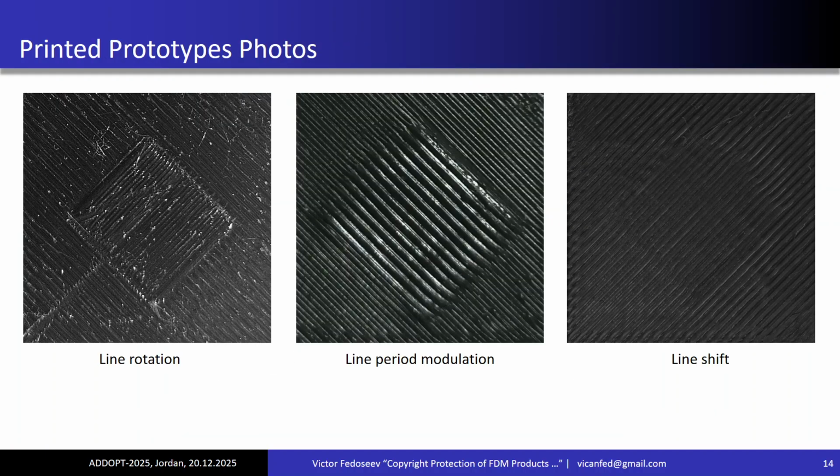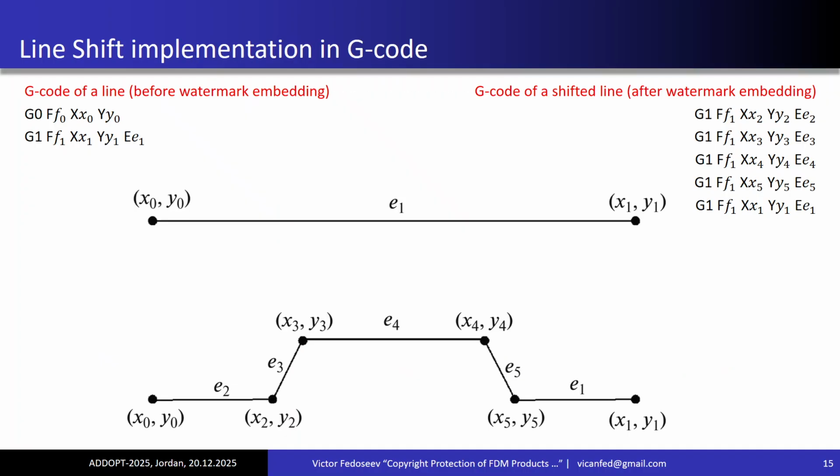And now the three products which were captured by our mobile camera, and you see that in the first two methods the line change is visible at this scale, but line shift is not easy to capture by our eyes without any glasses.